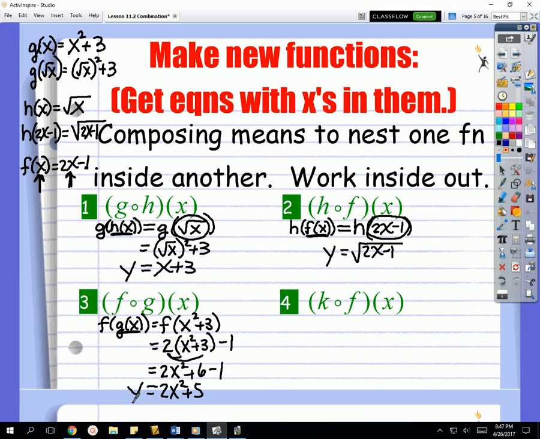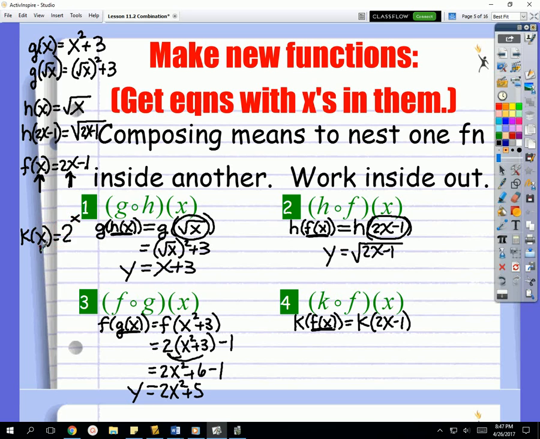All right, last but not least, k of f of x is what this says to do. So look at your paper. What's the equation piece of f of x? Oh yeah, it's 2x minus 1. So I'm just going to stick that in there. Okay? Now, over on the left-hand column where I've been working, it says k of x equals 2 to the x power.